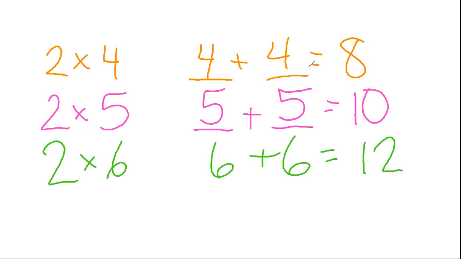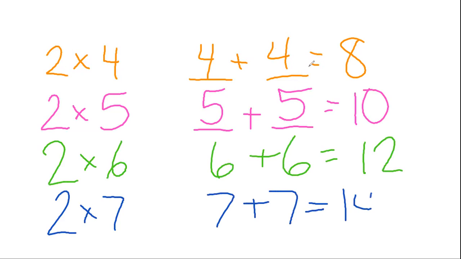How about two groups of 7? 7 plus 7 equals 14, right? So we're just adding the number twice, kind of like adding doubles.